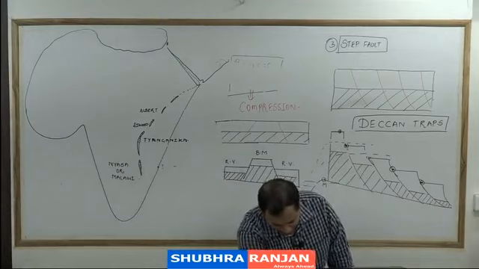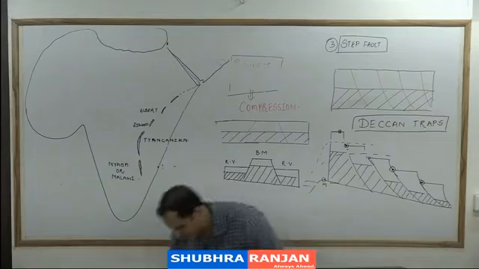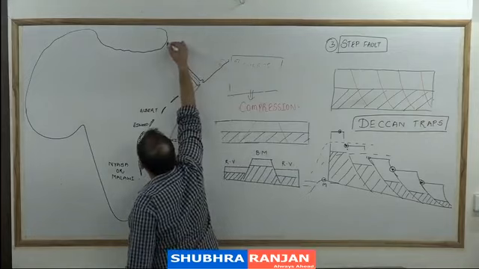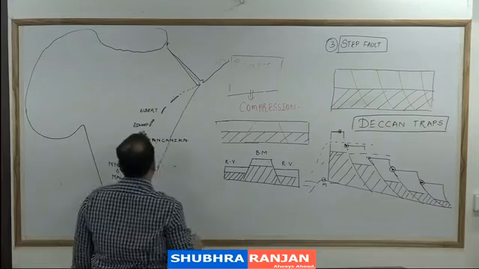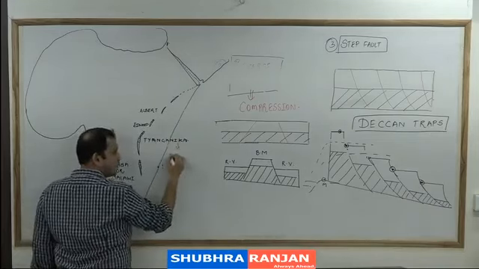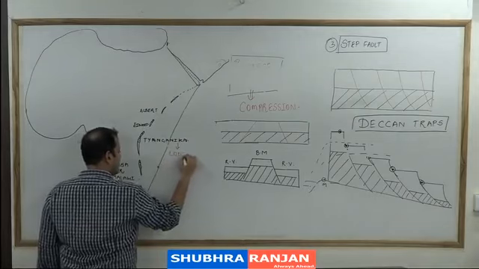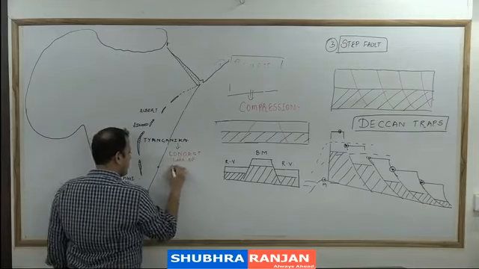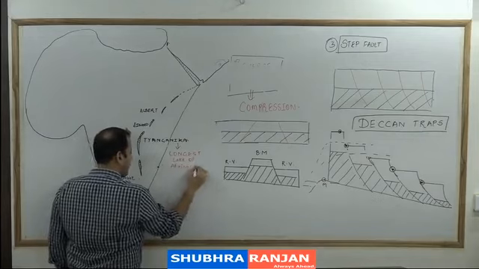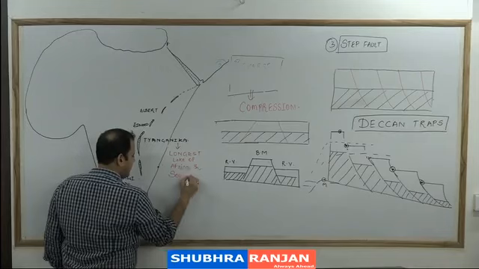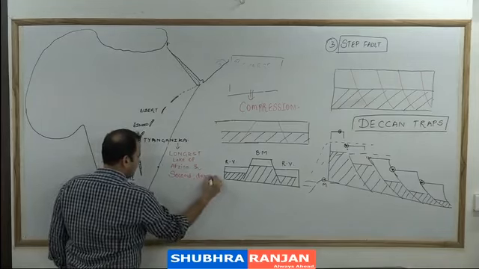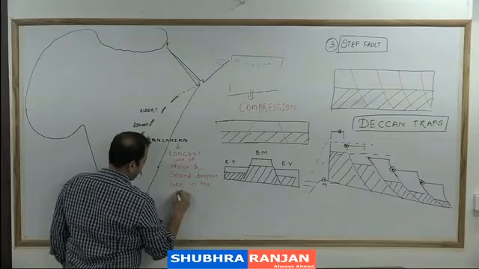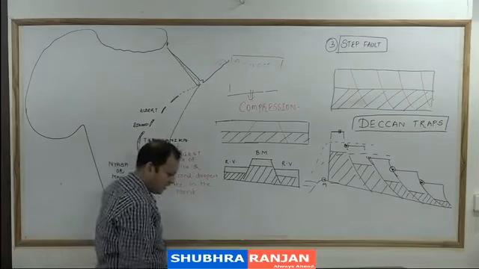So this is the longest rift valley in the world. Tanganyika is the longest lake of Africa, and the second deepest lake in the world.